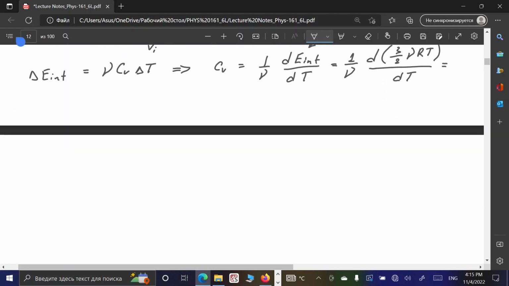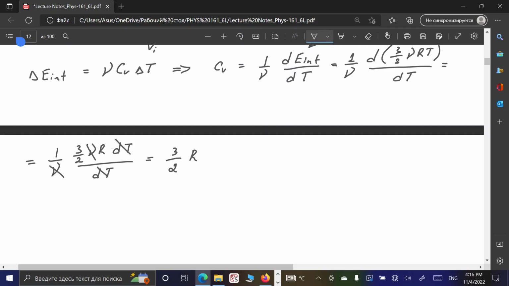And that will be equal to 1 over nu times 3 halves nu R dT, because these guys are constants, over dT. We cancel out nu, cancel out dT, and end up with 3 halves times R.